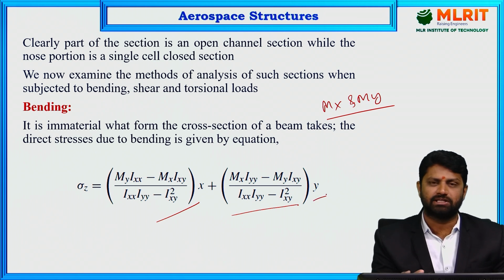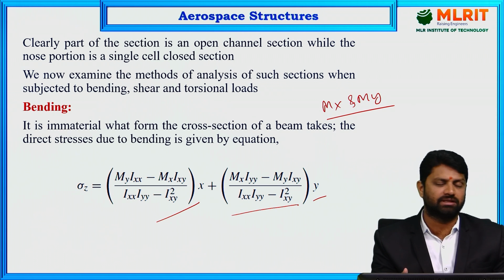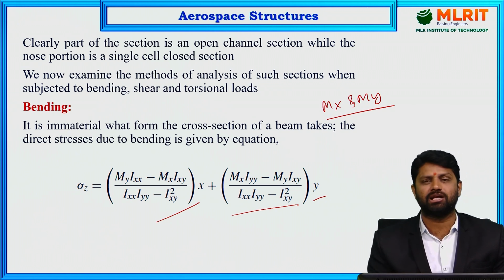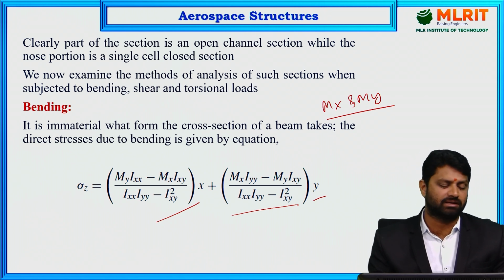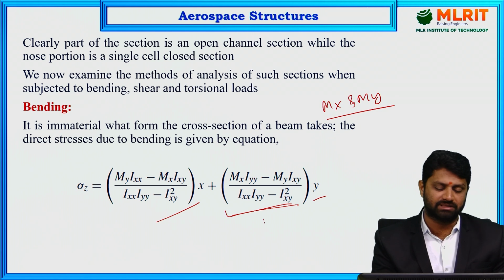Whether the section is open or closed has nothing to do with the bending of the beam, because we concentrate on how the bending moments are applied to the beam. It doesn't matter whether the beam is open or closed, so there is no change for bending. We can directly follow the procedure of bending of beams, using the direct stress distribution given by the unsymmetrical bending formula.